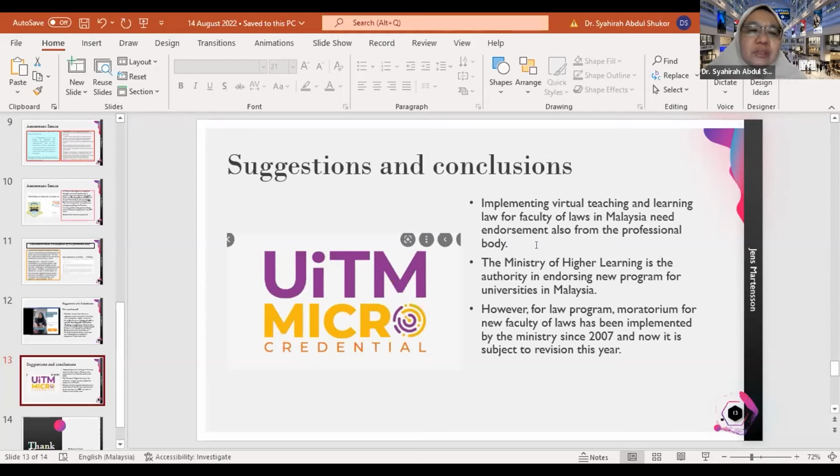So these two things, assessment and accreditation, are two things that need to be highlighted also in designing the curriculum for a law faculty, especially when we look at the science or technology faculties.